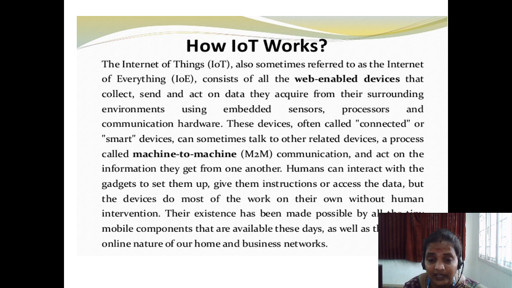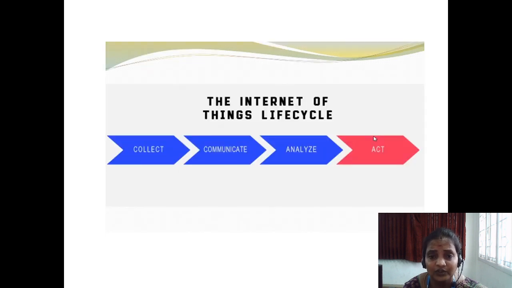Their existence has been made possible by all the tiny mobile components available these days, as well as the always-online nature of our home and business networks. Here comes the life cycle of IoT. As I told you, IoT is nothing but devices having the capability of collecting and exchanging data.